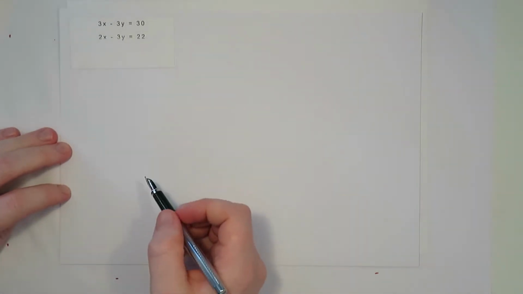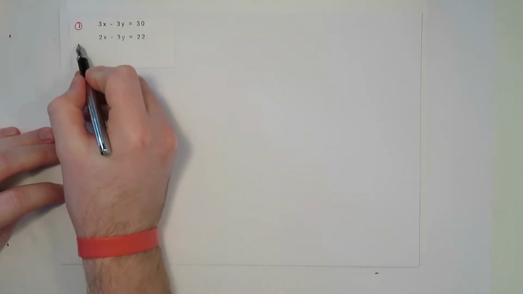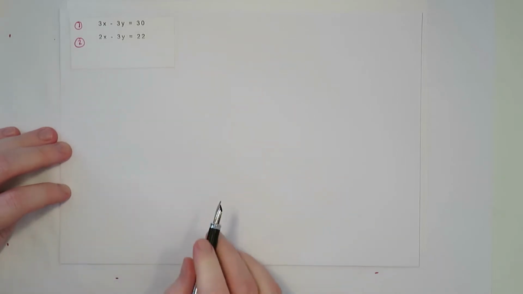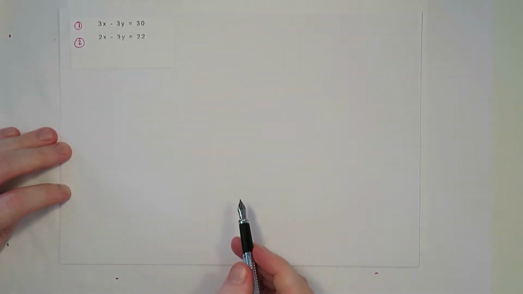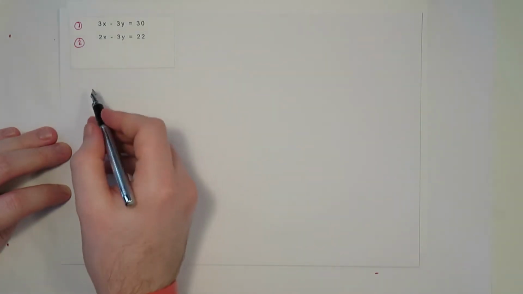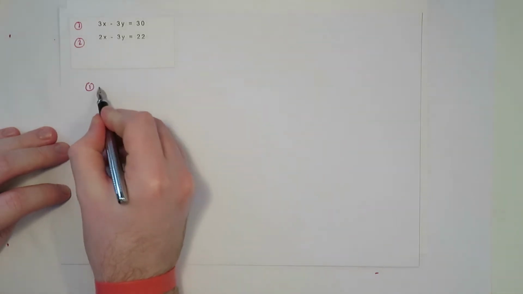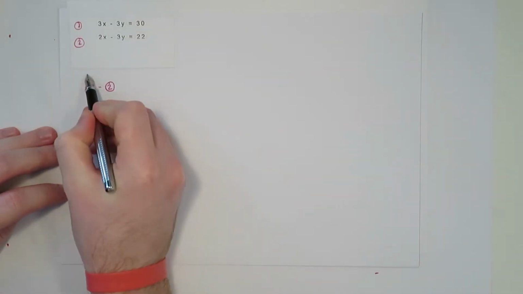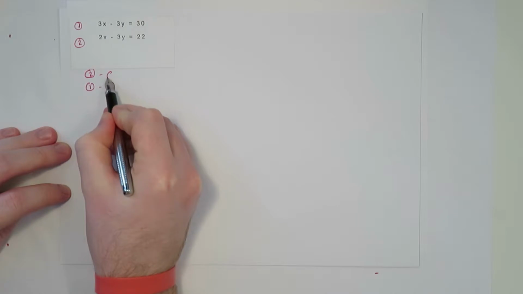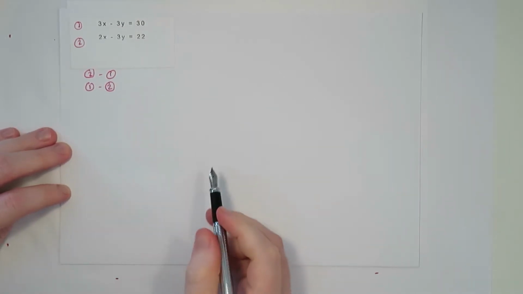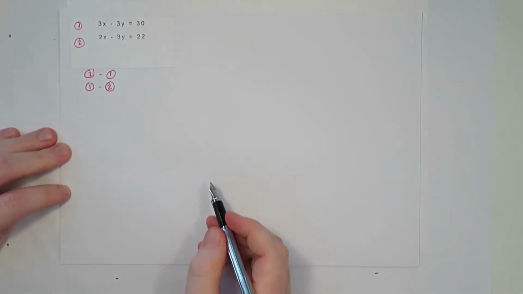The next example, this one here, I'm just going to label these equation 1 and equation 2. Well, here you can simply do equation 1 subtract equation 2, or you can do 2 subtract 1. Makes no difference, you will still get the same answer.